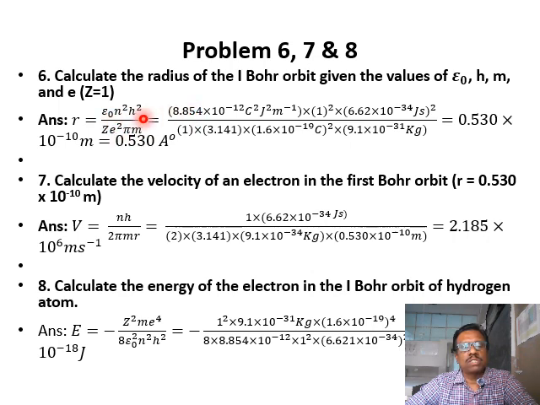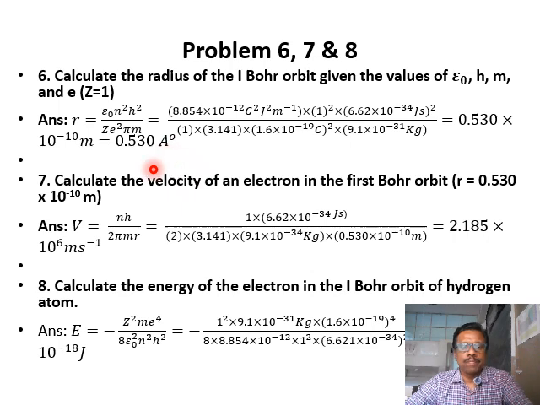Epsilon naught is this constant, n square is 1 square because it is the first Bohr orbit, and h is Planck's constant, this value is substituted. Z is the atomic number of hydrogen, which is 1. Pi is 3.141, and e is the electron charge, 1.6 into 10 power of minus 19 coulomb, whole square, into m, the mass of the electron.